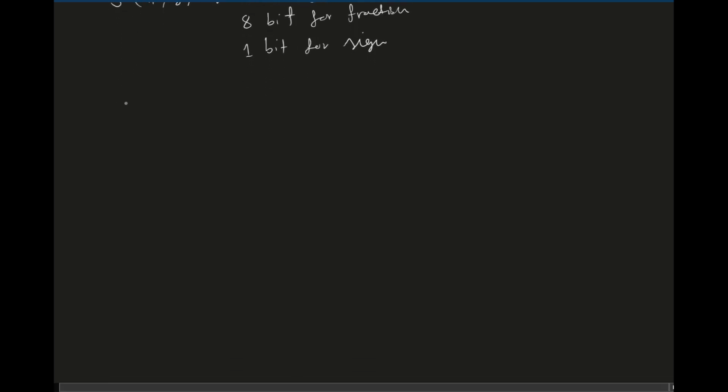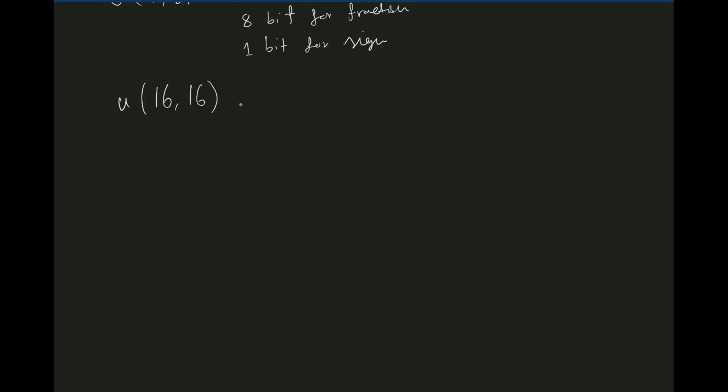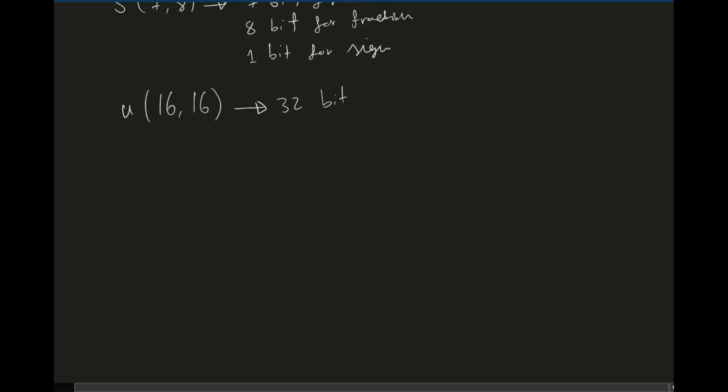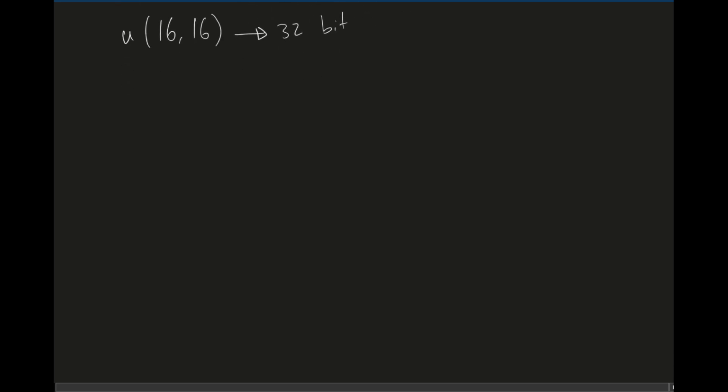For example, you can have an unsigned number that is 16 bits for the integer and 16 bits for the fraction, so together there are 32 bits for the number. So let's do a quick example. Let's say I want to convert 10.